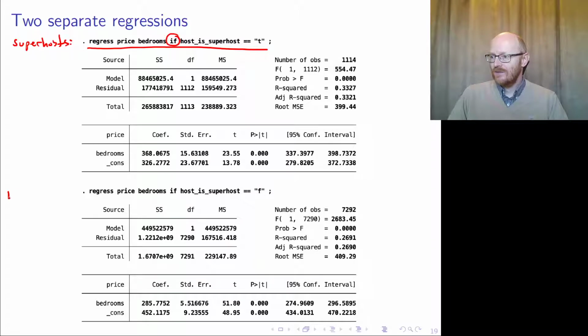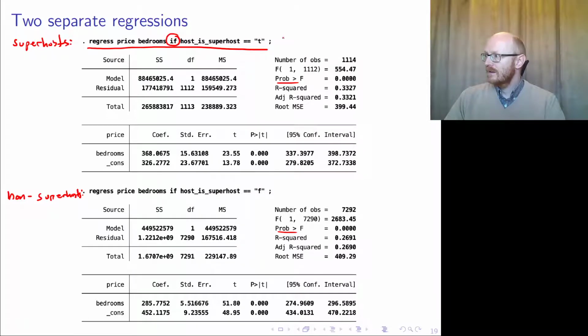And this is for non-superhosts. What we see is that we always check the F statistic first, to see if this regression adds something more than just using the mean of the data, and it does.